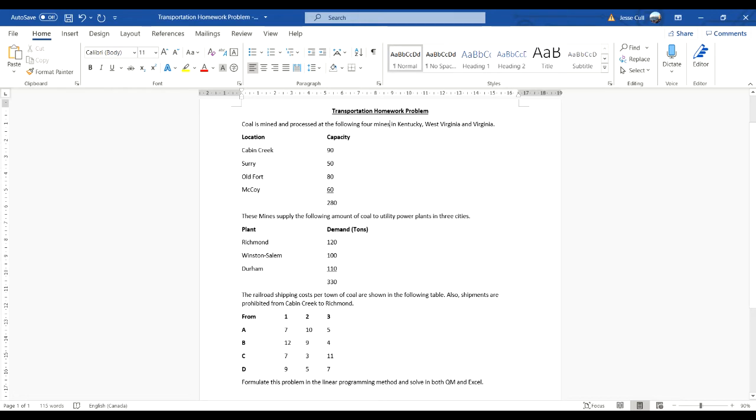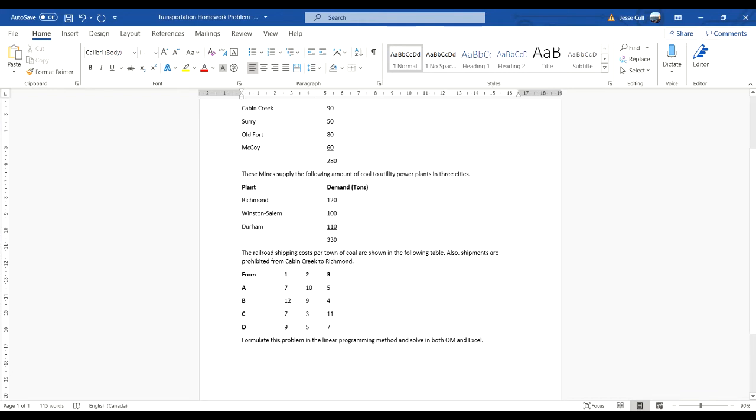So we have the capacity to produce 280 tons between those four mines. These mines supply the following amount of coal to utility power plants in three cities: Richmond, Winston-Salem, and Durham. And they supply 120, 100, 110 tons for a total of 330 tons.